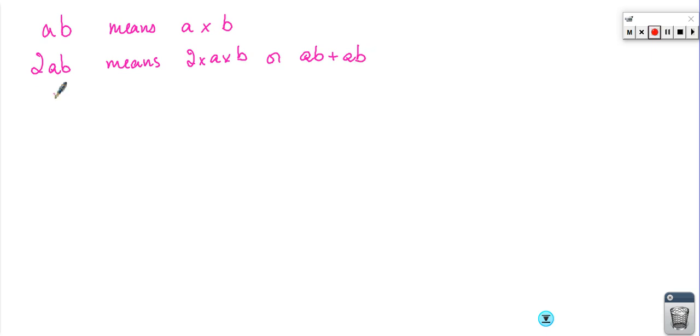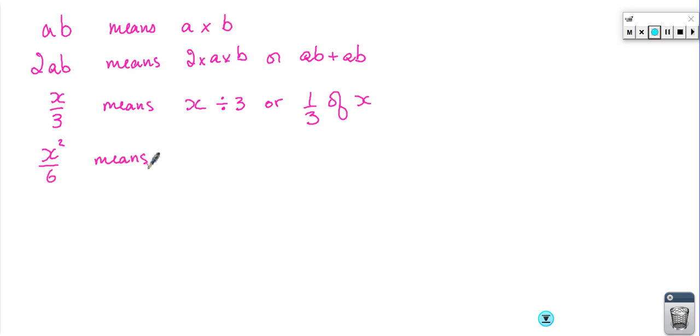If I have X on 3, that means X divided by 3, or 1/3 of X. Similarly, if I have X squared on 6, that means X squared divided by 6, or 1/6 of X squared.